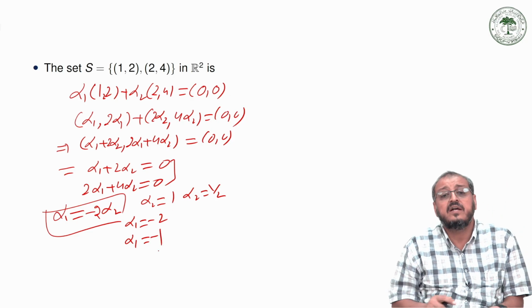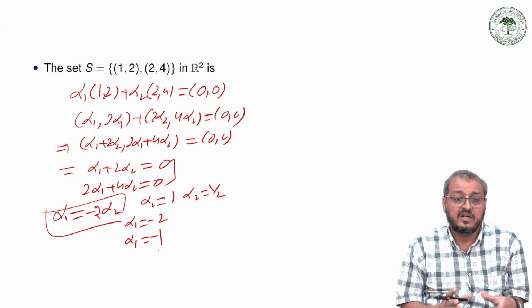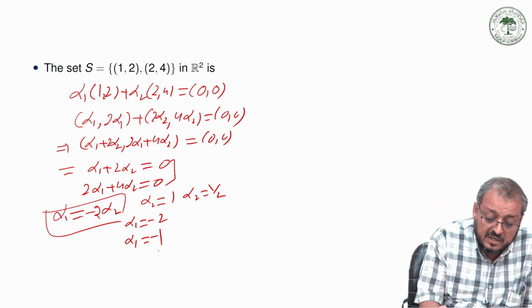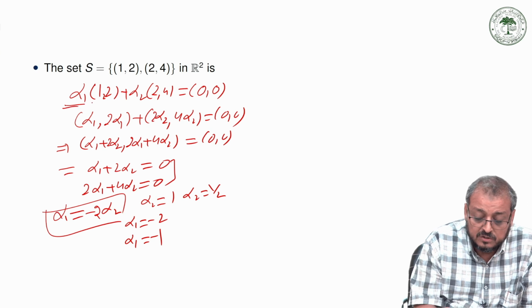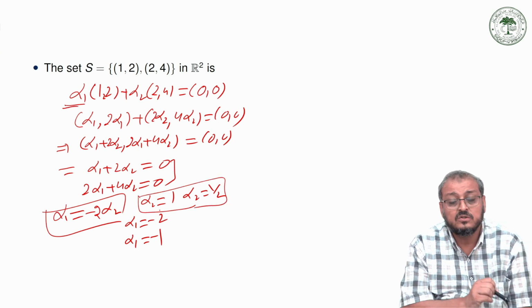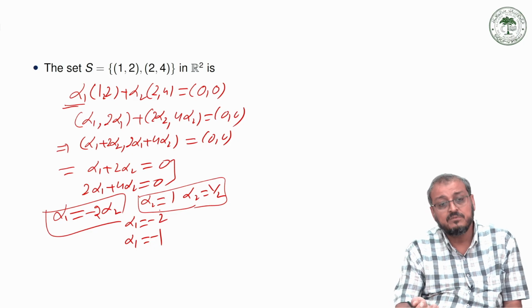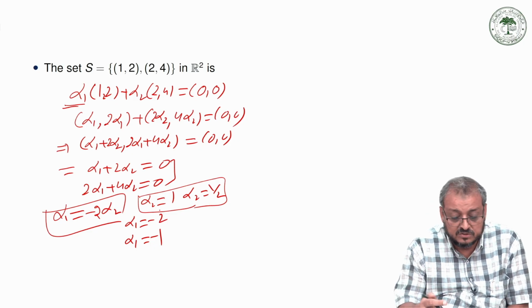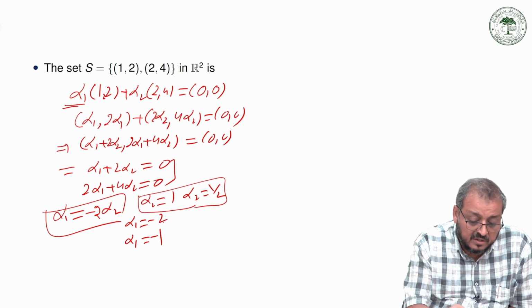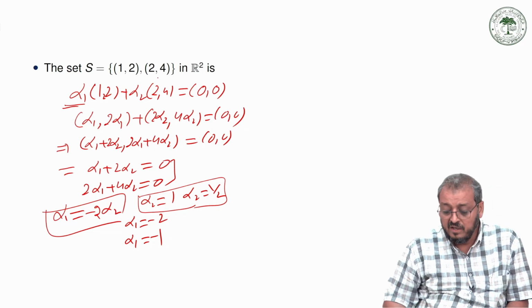In this way we can check that there are infinitely many solutions. So clearly α1 is not equal to 0, so there also exists a non-trivial solution. This means the trivial solution exists, but there also exists a non-trivial solution. So we can say that these two vectors are linearly dependent.